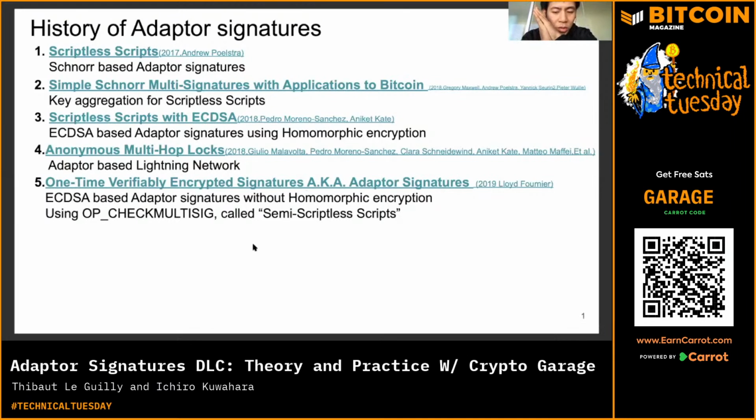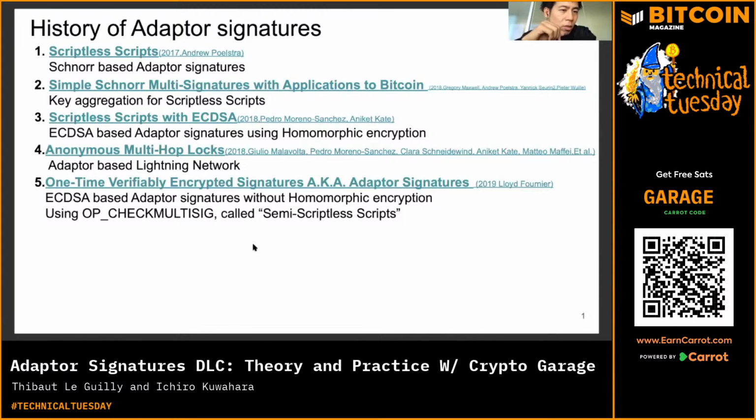There are two types of adapter signatures. One is Schnorr-based adapter signatures, and the other is ECDSA-based adapter signatures. And now Bitcoin uses ECDSA signatures. First, in 2017, Scriptless Scripts was proposed, using Schnorr-based adapter signatures.